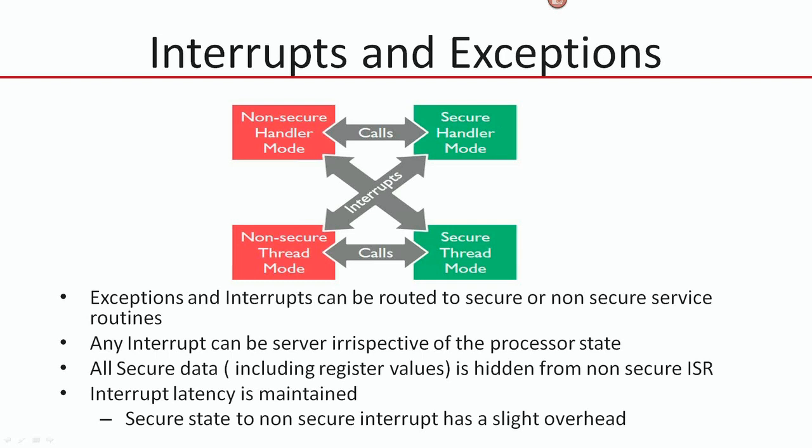Then we have to stack all of the registers that are sitting in the central register file, so none of the secure data is visible. And then we can run the non-secure interrupt. So this adds a few cycles overhead, but again, it's not a major delay in responding to the interrupt.